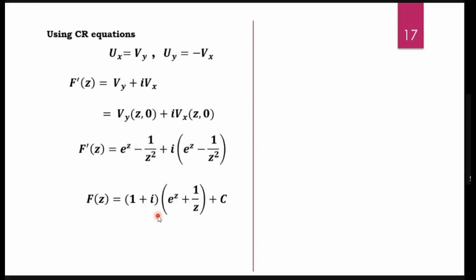Remaining will be 1 plus i, and the integration of e raised to z minus 1 upon z square. e raised to z integration is e raised to z, minus 1 by z square integration is 1 by z. One step I have not shown after taking that e raised to z minus 1 by z square common. Convert this to small f of z.